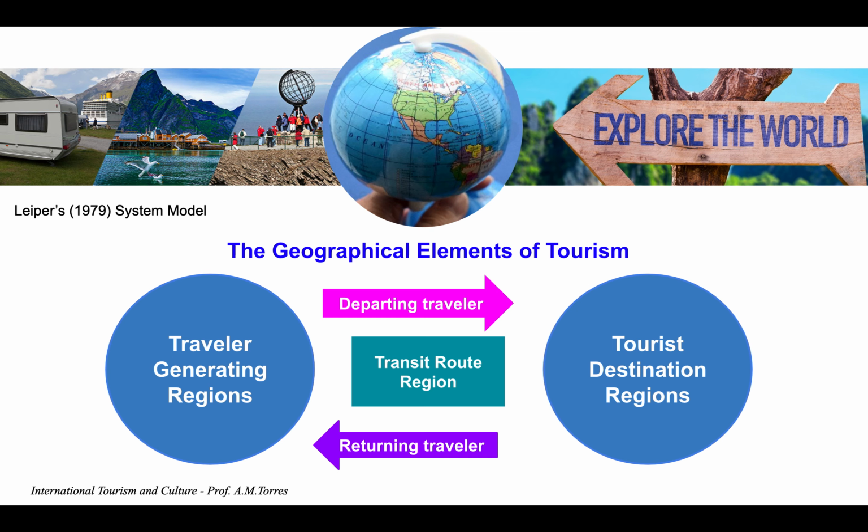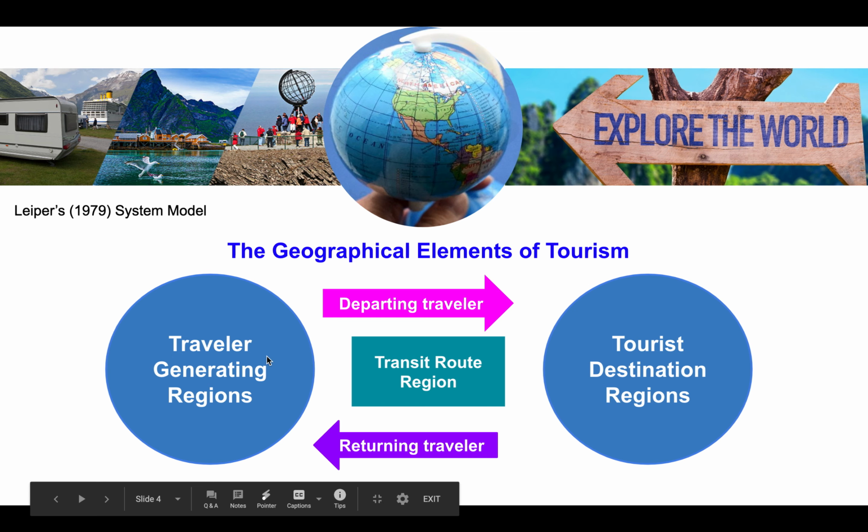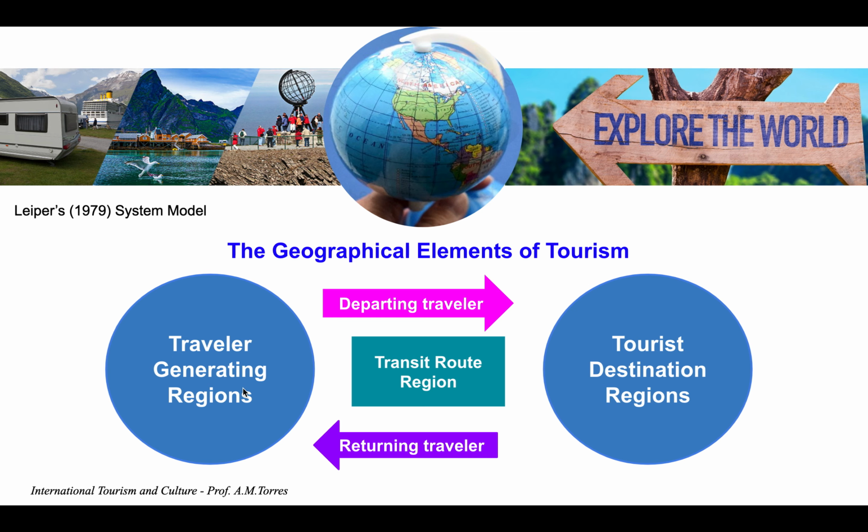This is very easy to understand because if we look here, when we say traveler generating region, it means that this is where the tourist is coming from. So to simply illustrate it, Korea can be a traveler generating region for all people who are living here. So, assuming that a Korean would like to go to the Philippines, okay?